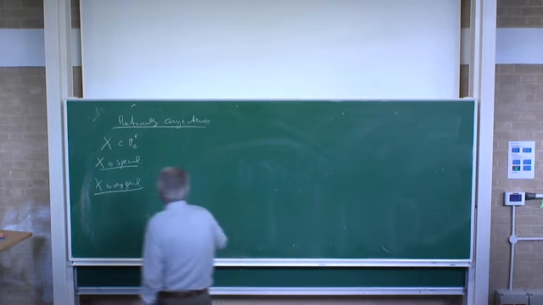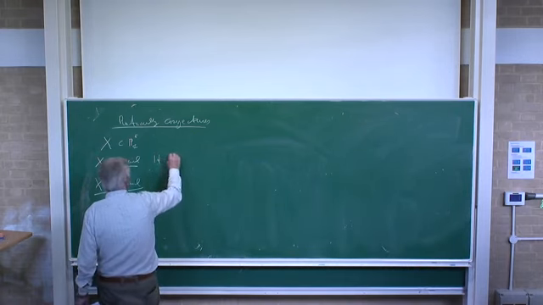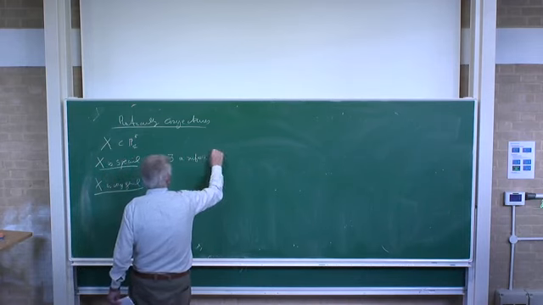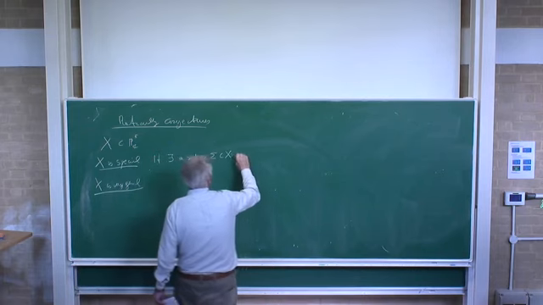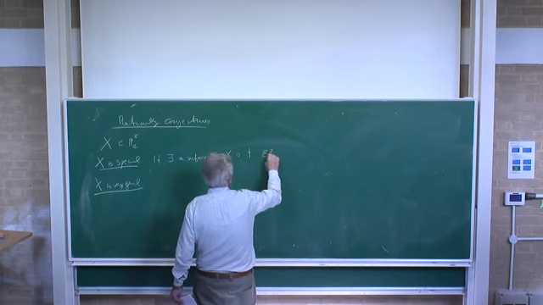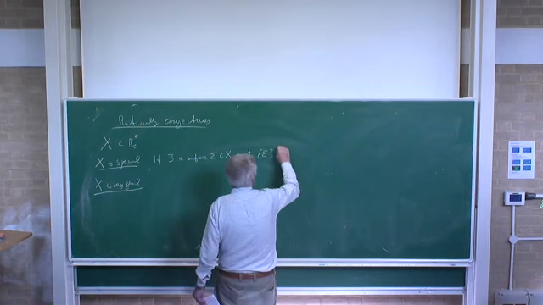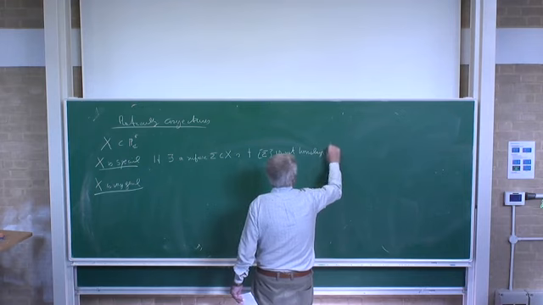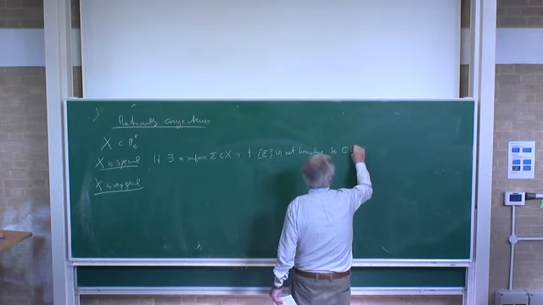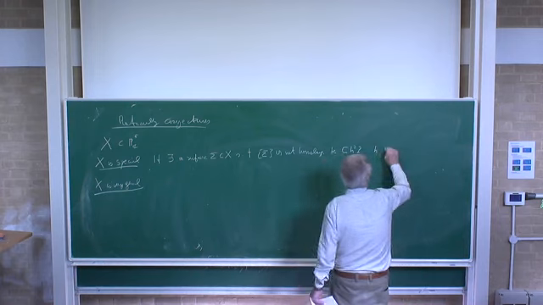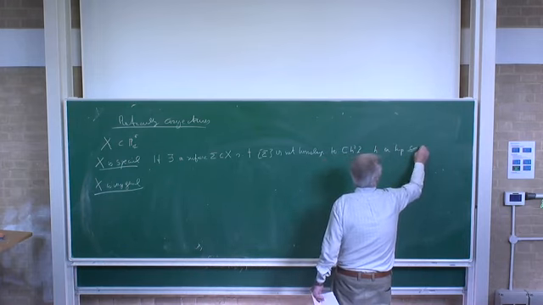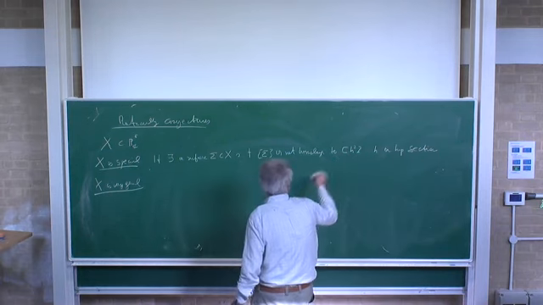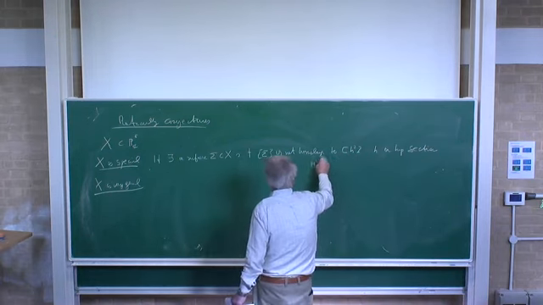X is special if there exists a surface sigma contained in X such that the class of sigma is not homologous to the class of our hyperplane section, not homologous in H4, of course.